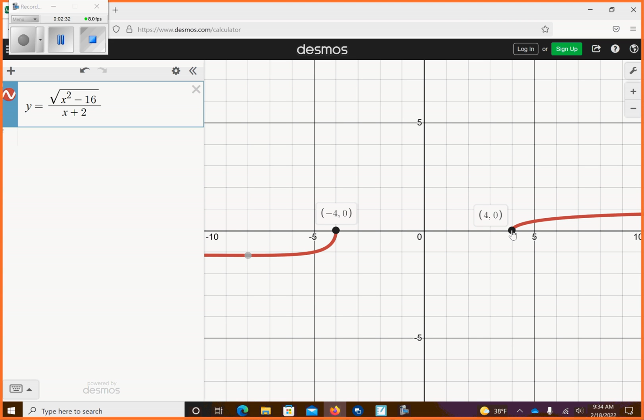If I take the denominator and ask where it's equal to 0, it's equal to 0 at negative 2, which makes this undefined right here. But we're not seeing that, because our graph is showing this. So our roots are negative 4 and positive 4, so that's definitely the way to go through the first problem.